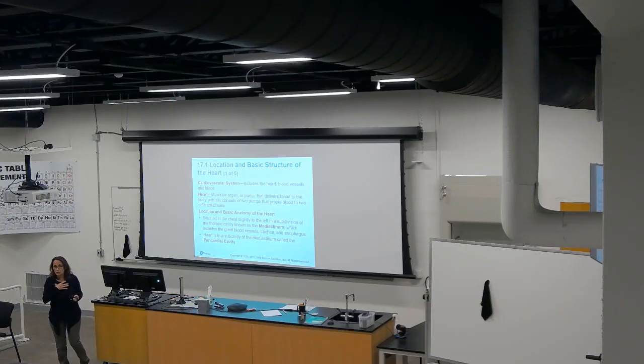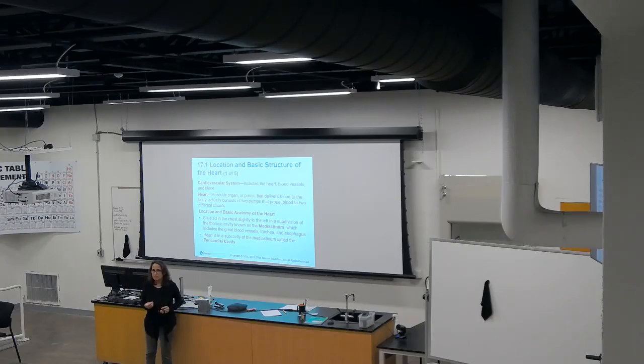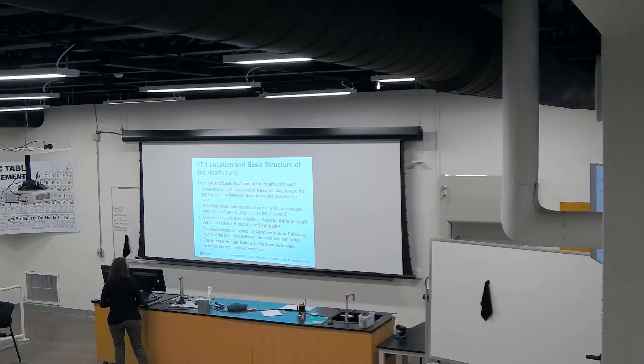It is protected partially by the lungs, posteriorly by the vertebrae, and anteriorly by the sternum and the ribs. It's located towards the left side. It is connected by major blood vessels like the vena cava, the aorta and the pulmonary trunk, and it's protected by membranes that we know as the pericardial cavities.